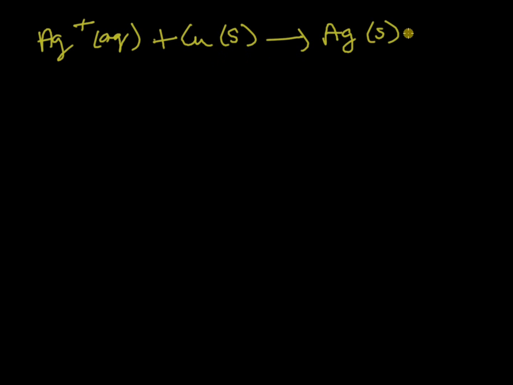To continue with the solution, in the second pair, you have the species Ag+ aqueous and Cu solid. Ag+ can only take up an electron and form Ag solid, and Cu can lose electrons to form Cu2+ aqueous.